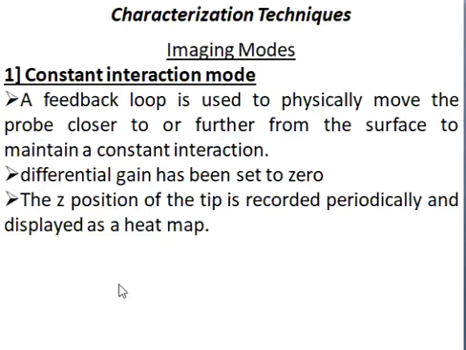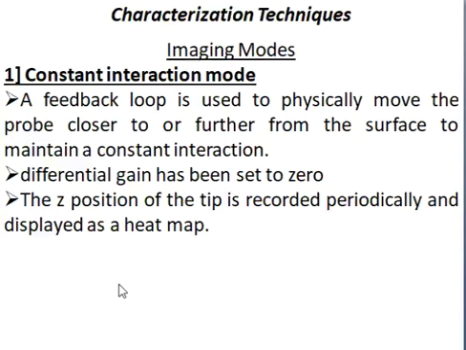First one is constant interaction mode. In this process, a feedback loop is used to physically move the probe closer to or further from the surface to maintain constant interaction. Differential gain has to be set to 0. Differential gain pertains to the differences in forces when the component is to be recorded.